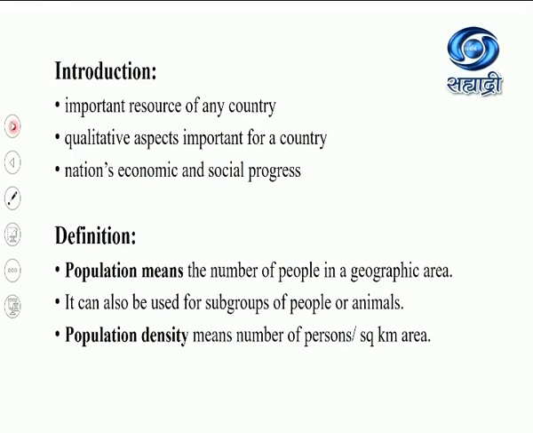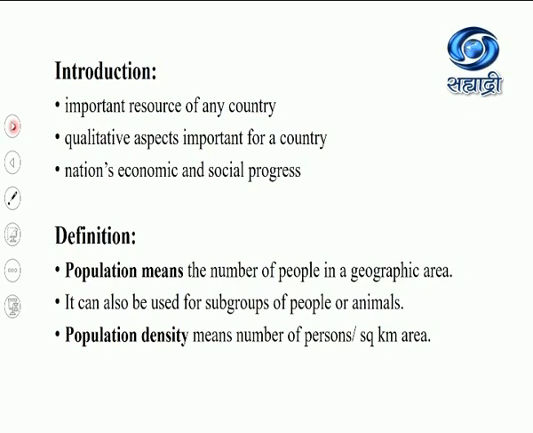Similar about population. When we talk about people in a particular country, it is an important human resource for any country. So this human resource should have some qualitative aspects which become very important for a country.